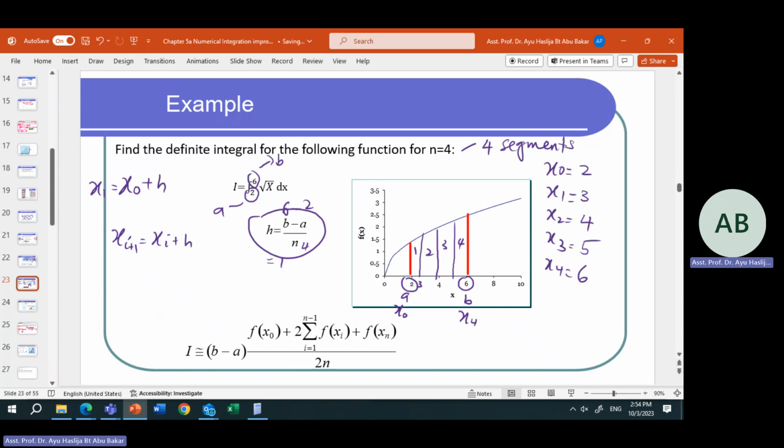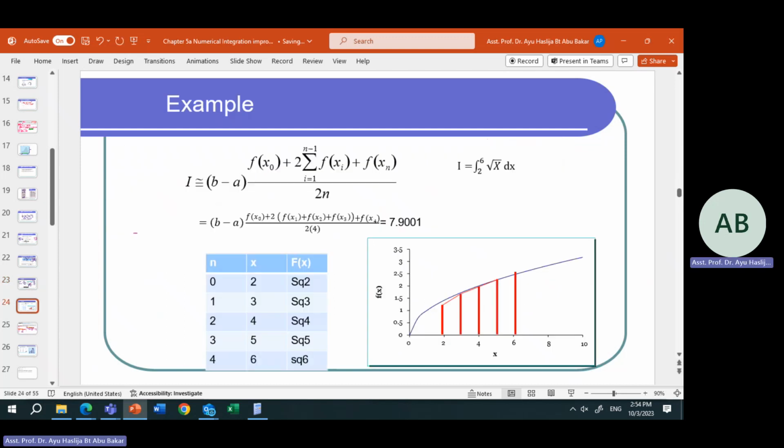Now calculate your fx. I move to the next slide. Okay, here. Axis has been identified. Now calculate your fx. How to find the fx? This is the function given. This is your fx. Square root. So fx square root of 2.